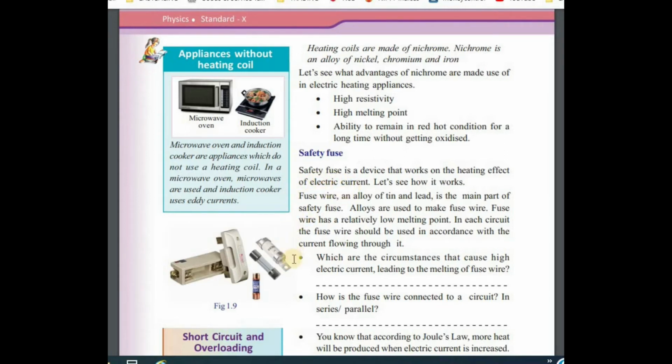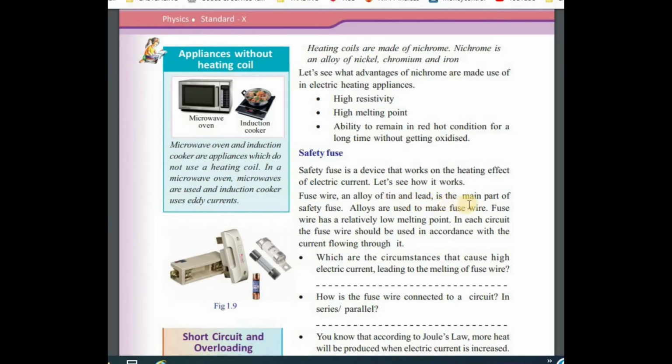Let's see certain questions related to it. Which are the circumstances that cause high electric current leading to the melting of fuse wire? Actually, what is a fuse wire? Let's see what a fuse wire is. We told that nichrome, which is used as a heating coil, is made up of nickel, chromium and iron, whereas the fuse wire is an alloy of tin and lead.